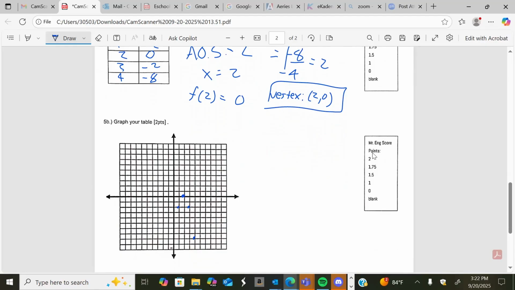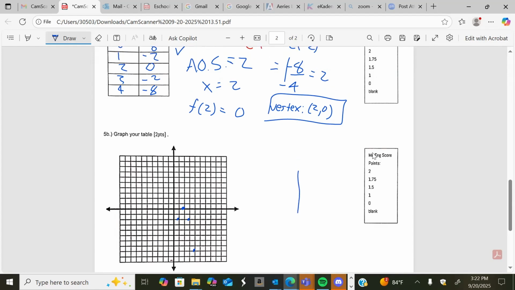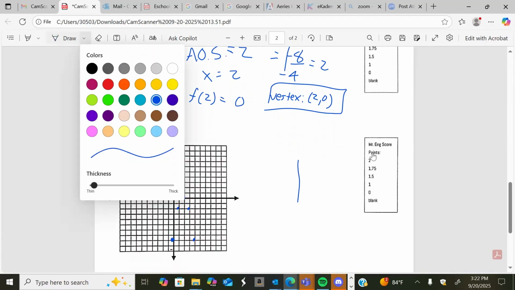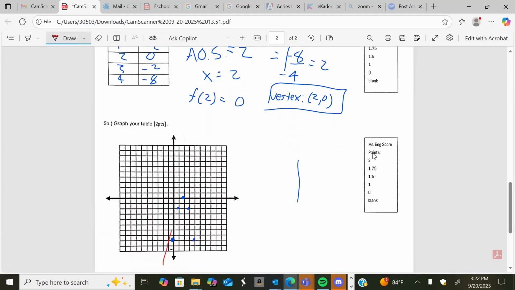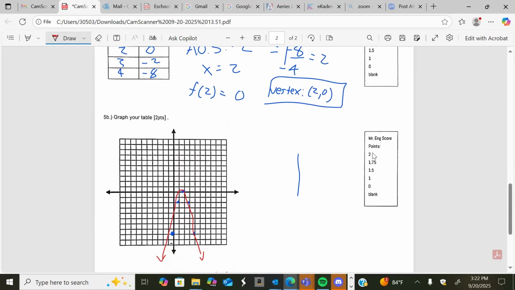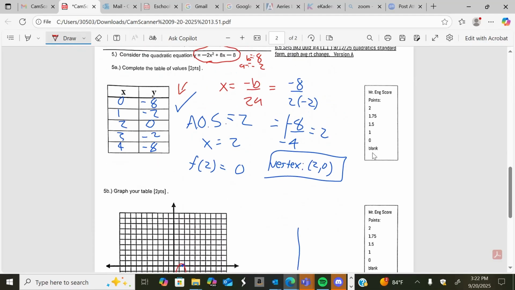And then we have this over here. I'm just copying everything down. So we have 0, -8. And then this should be a rough sketch of our parabola facing down. And everything does match. Our parabola is facing down. And we can also take that away from the fact that a is negative.